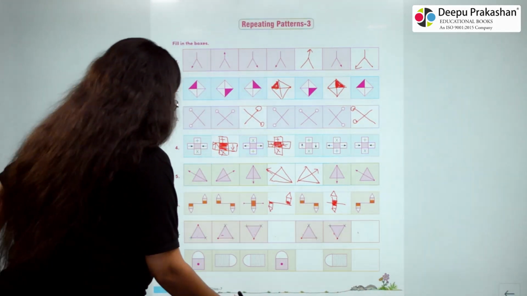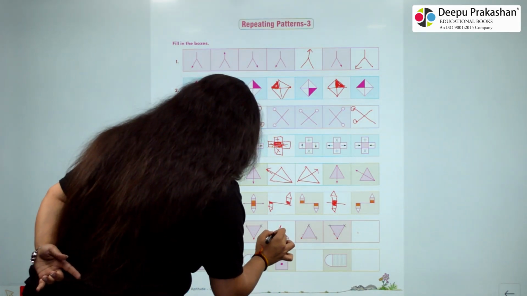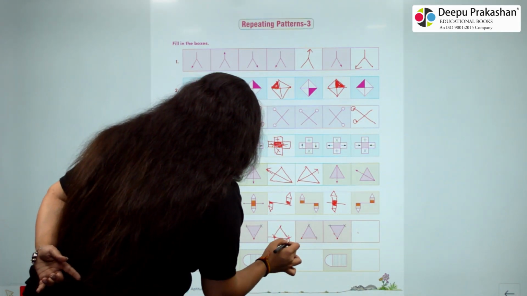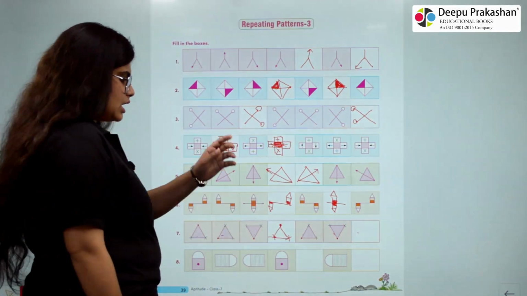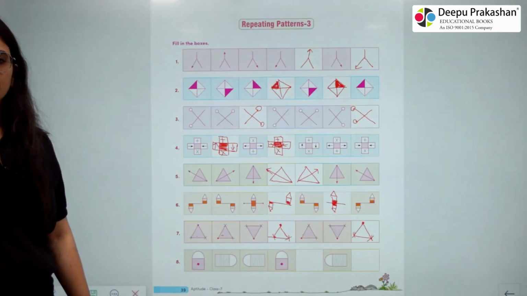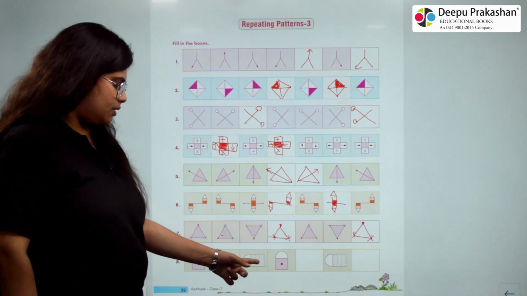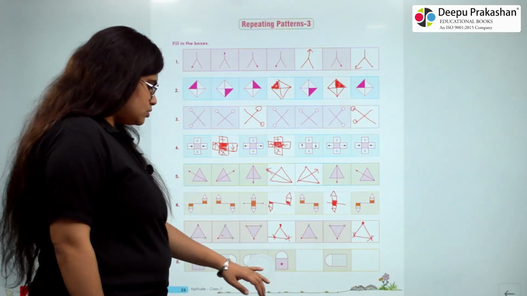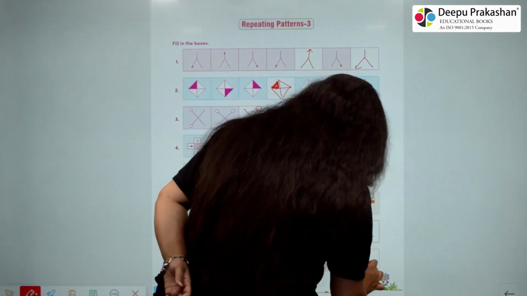So here the first image will come, that is the triangle having X's on the corners and one corner with a dot. And the last one, again the first image will come. Okay. 8. Here we are given 1, 2, 3, then 1, 2. So here the second image will come, and after that first image.